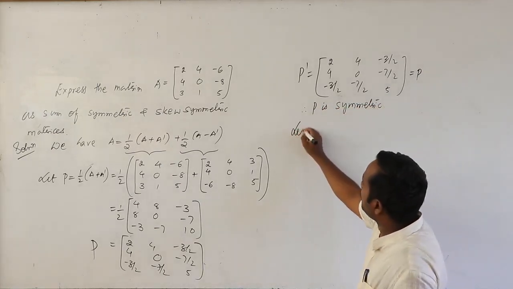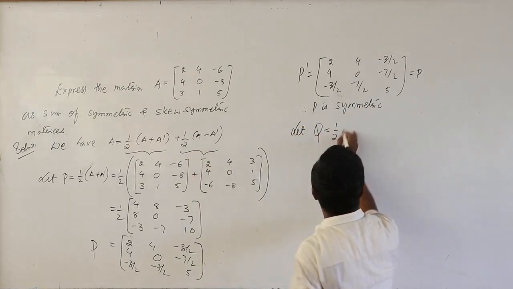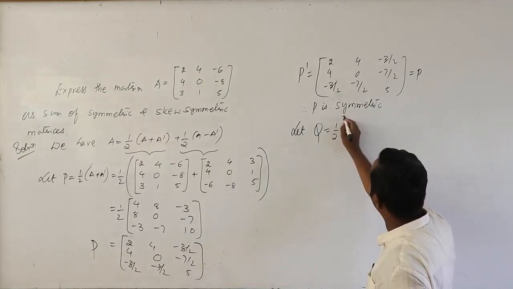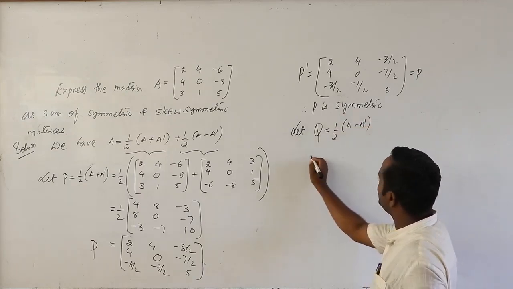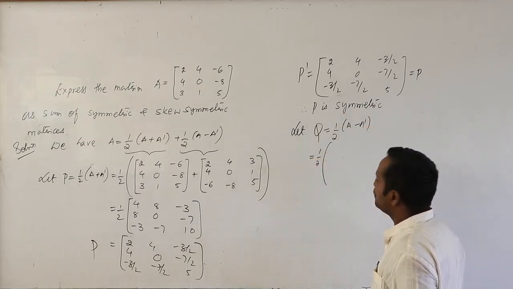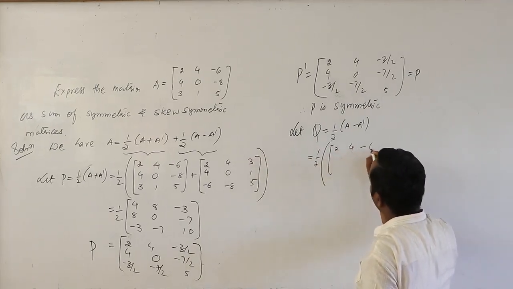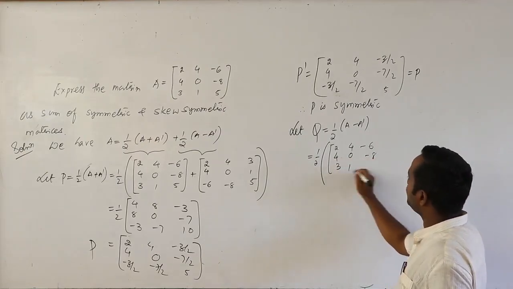Similarly, let us take the next half, the Q part. 1 by 2, and how do we write it? 1 by 2 (A minus A dash). What is the A matrix? 2, 4, minus 6, 4, 0, minus 8, 3, 1, 5.